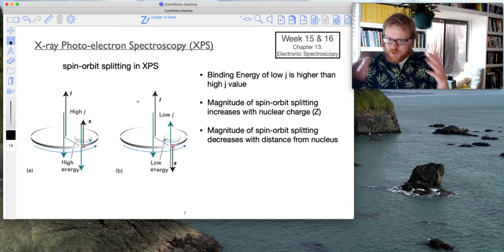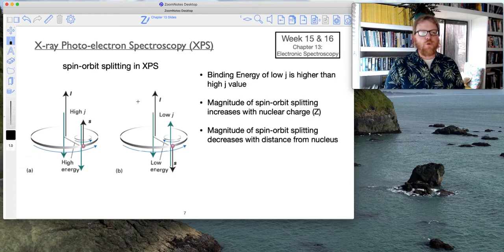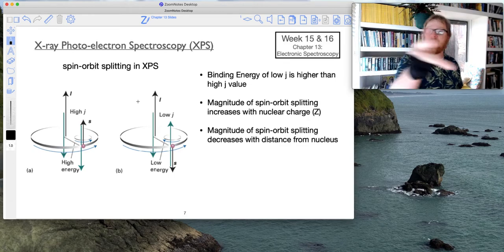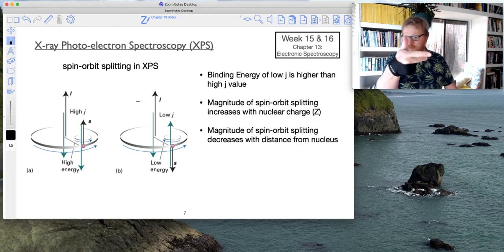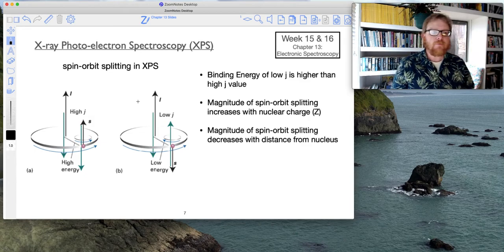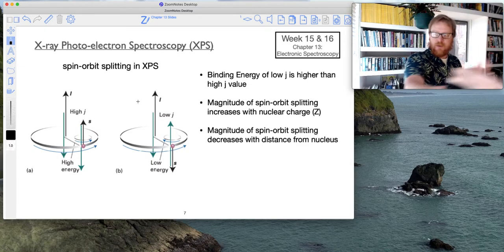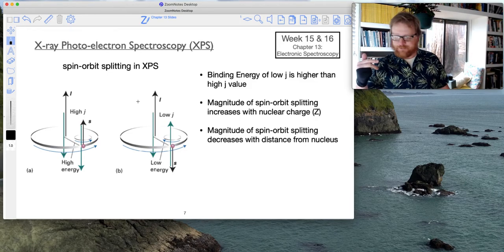This is getting into why the spin-orbit splitting is observed. If you recall, remember our right-hand rule, we have an electron orbiting around our nucleus, and via the right-hand rule, that creates angular momentum in the up direction. So not only is this electron revolving around the nucleus, but it is also spinning as it's revolving.